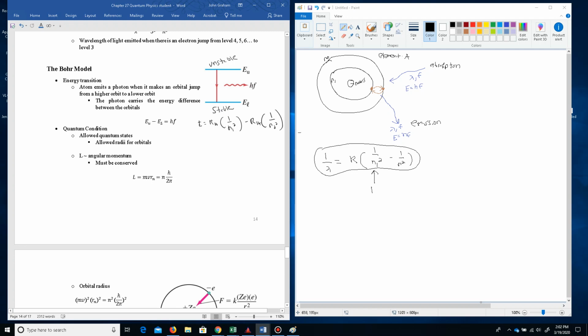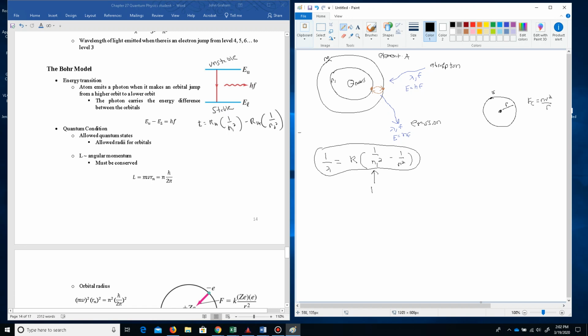So if we think about it, if we have something moving about in a circular orbit, and this has a certain radius, this electron moving about has a certain energy based on the fact that it's a certain distance away. Kind of the whole centripetal force idea, mass times velocity squared over this radius.